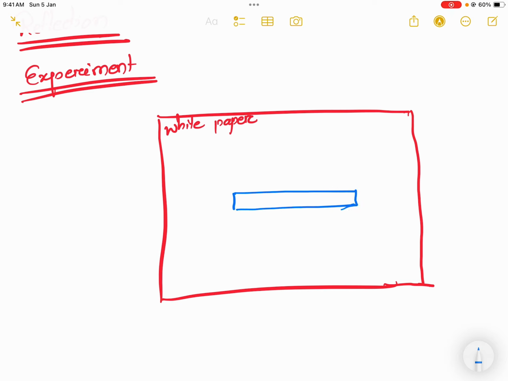Let's mark the two sides of the mirror as A and B. This is the plane mirror, and let's suppose this is the reflecting surface. We will place a source of light here, and then we will draw the line from here to here, representing the incident ray.